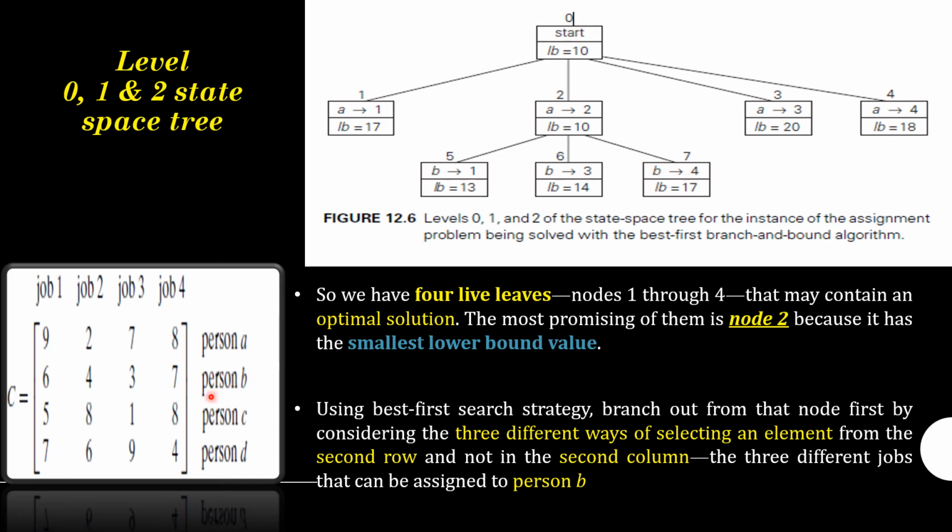So we are assigning the fourth job, which is 7, to person B. We have to select this because we have already assigned job 2 to person A. So 2 plus 7 is 9, 9 plus 1 is 10, right? Then we have to select 7. So 10 plus 7 is 17, so the lower bound is 17.